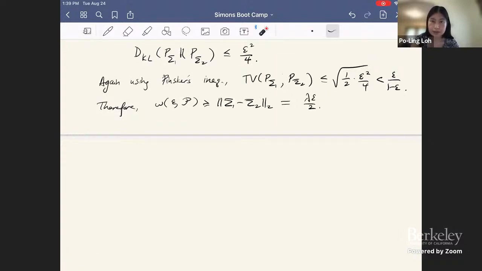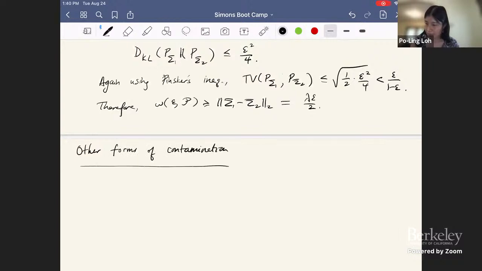So that's the gist of how you can create lower bounds for this robust risk. Now I just want to say two more things before I end. These are kind of comments. You might ask, what's with the Huber epsilon contamination and total variation distance? What if you want to deal with other forms of contamination? There's one that's very popular these days, adversarial contamination.